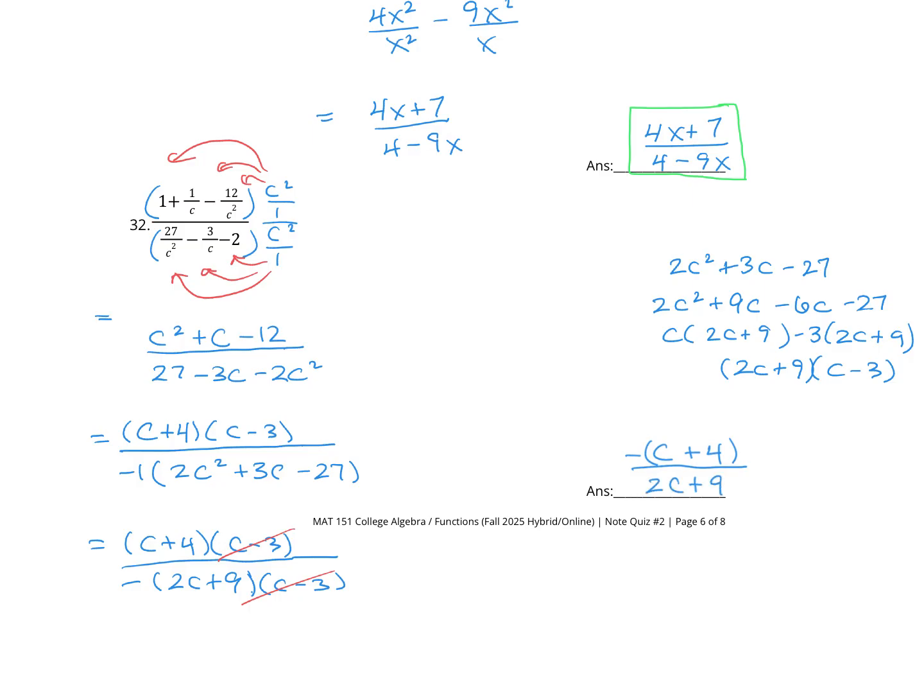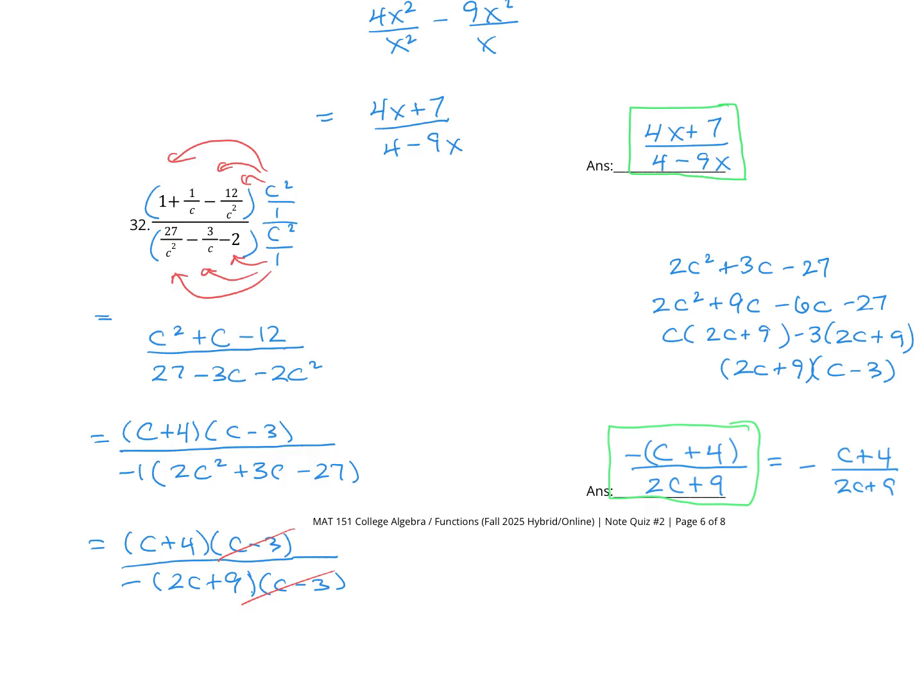And that negative could also be out in front of the fraction as negative c plus 4 over 2c plus 9, but people usually write parentheses around it to keep it all together as a package deal, like so. And that right there is our complex fraction simplified down.